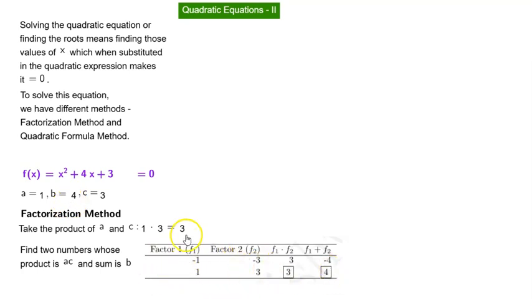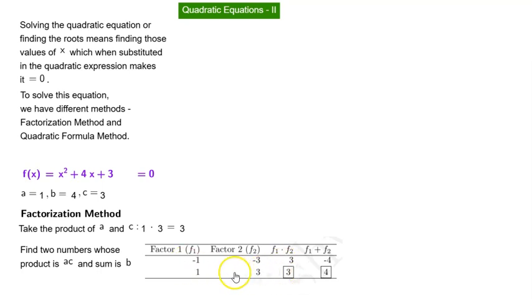Now when it comes to 3, we can factor it only by 1 and 3, or minus 1 minus 3, or minus 1 plus 3, or plus 1 minus 3. Those are the only possibilities.